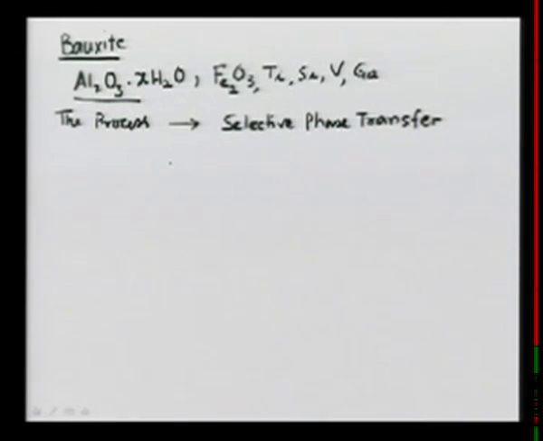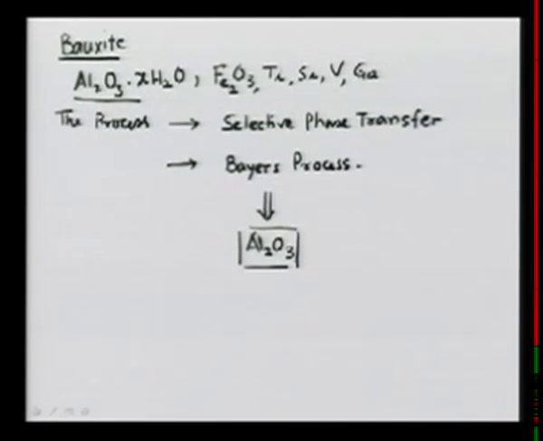This process of selective phase transfer is also called the Bayer's process. So what we will do now is specifically talk about the Bayer's process and how, out of all the things present in there, we can produce very good quality, high purity Al2O3. That's our objective, and we'll see in a moment how we can do it.